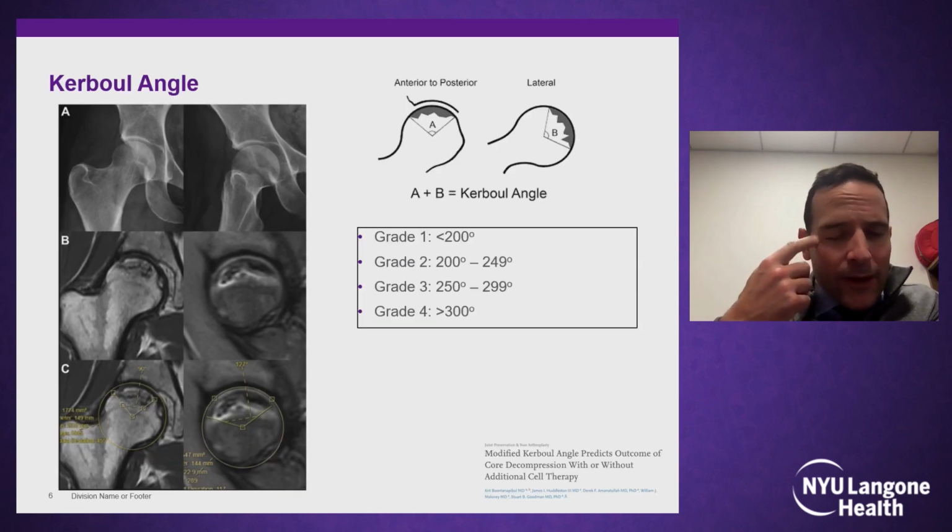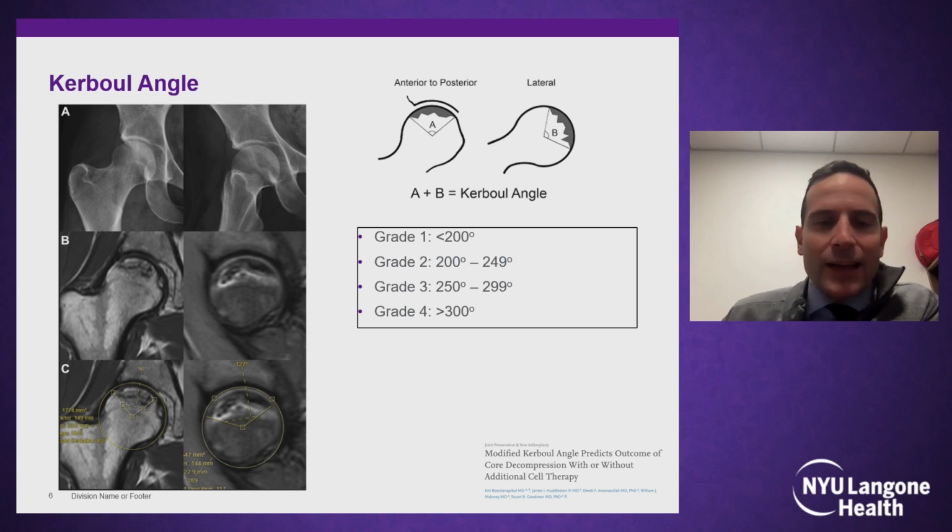But one of the problems with staging is that it really just captures one aspect of the disease. And clearly the location and size of the area of necrosis must matter. And that's something that has only been really looked at more recently. So there are a few more recent papers that have looked at something called the Kerboul angle.